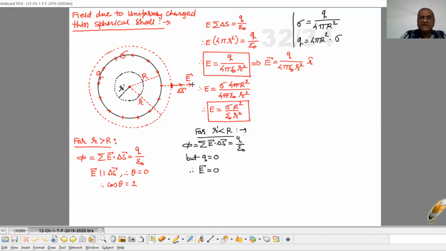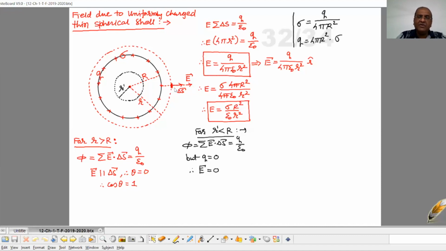Here sigma is greater than 0. So the electric field and this area vector both are radially outward, in the same direction, so theta equals 0. So cos theta, that is cos 0, is 1. So we can write the sum of E dot delta S as E times the sum of delta S.